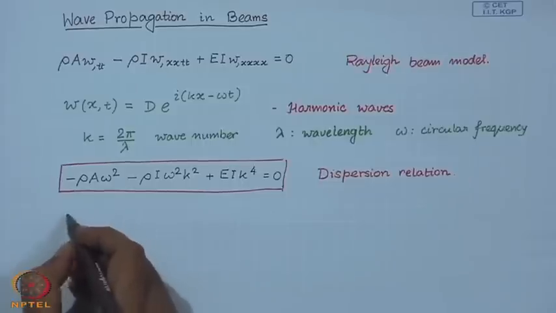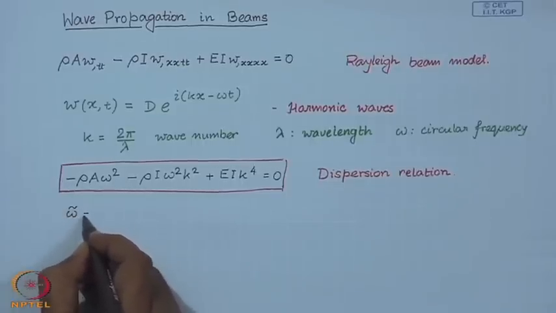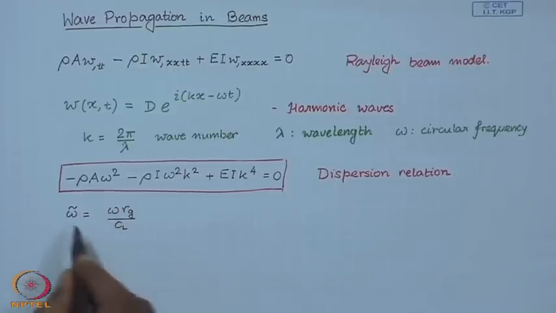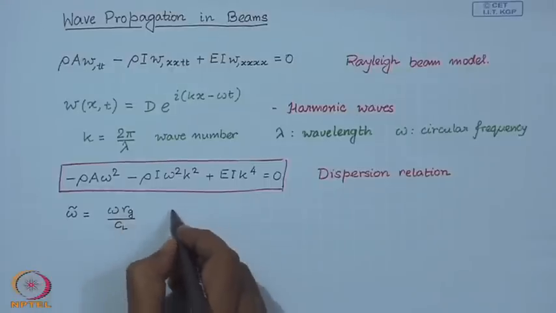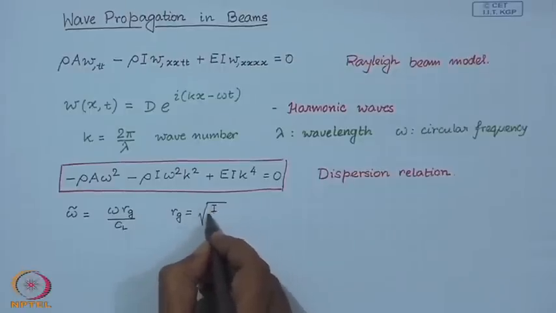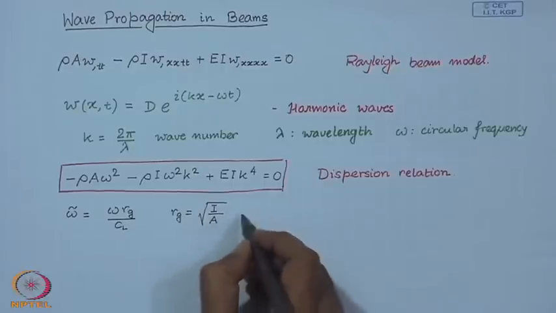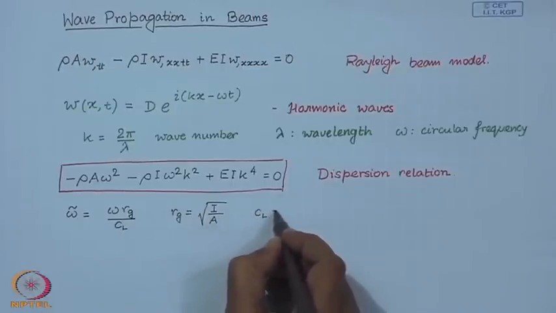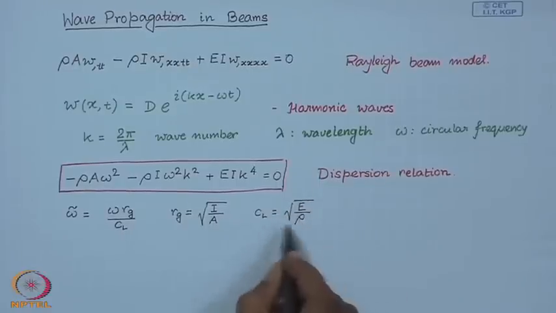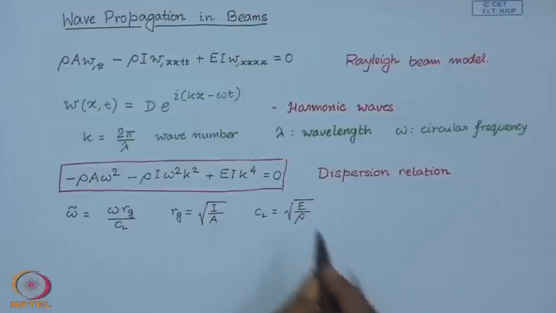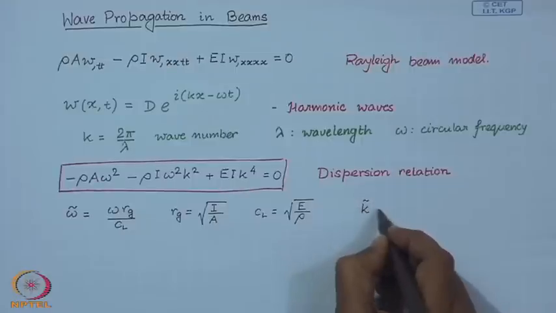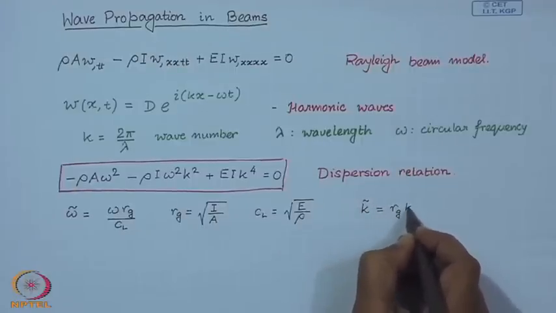So, if we define omega tilde as omega times r g over C L, where r g is the radius of gyration of the cross section, and C L is the speed of axial waves in the beam, and we also define k tilde as r g times k.